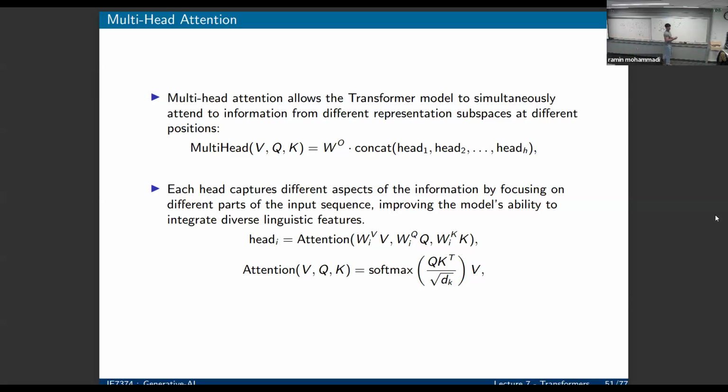So if you have head one, you have W query one, W K1 and WV1. Then you go to head two, you get W query two, W K2, and WV2, and so on. They have different weights, similar to kernels, so that they learn different things.